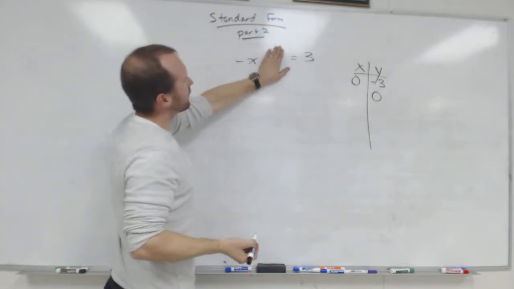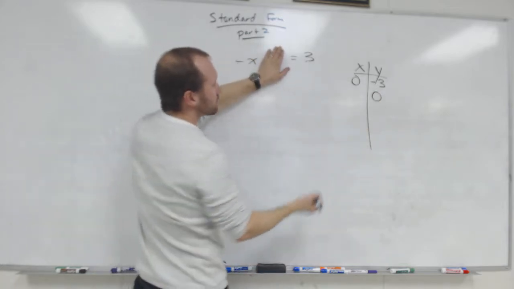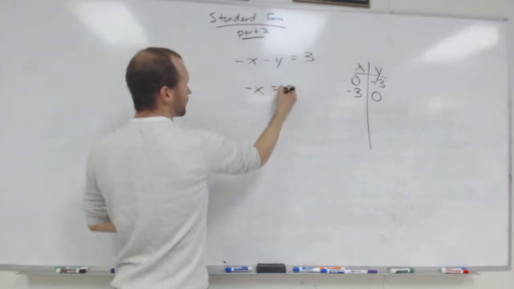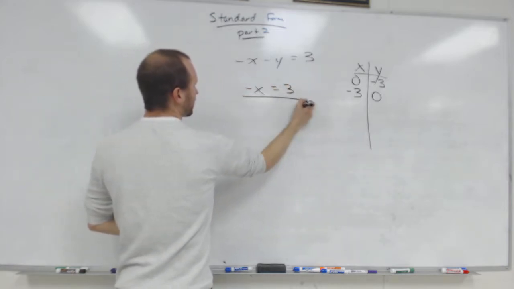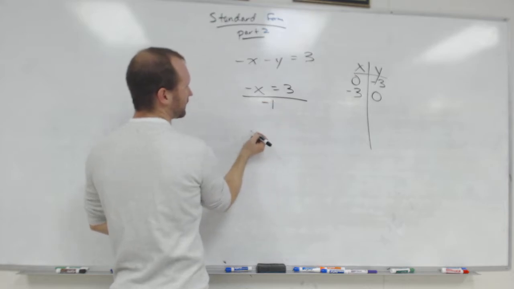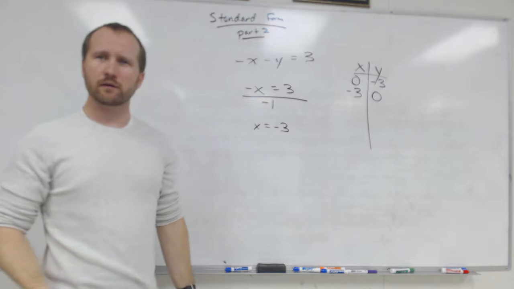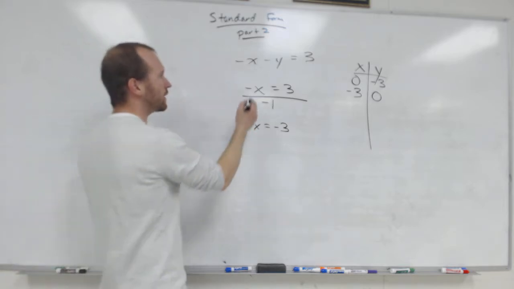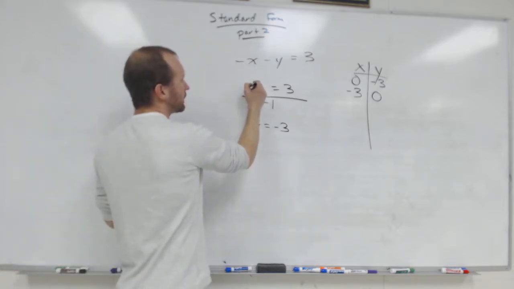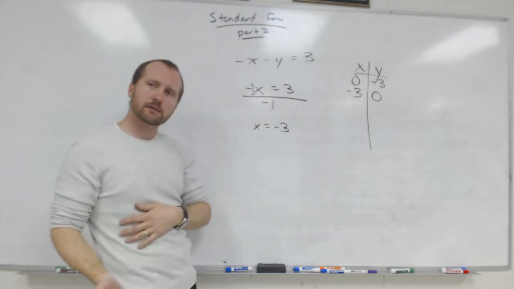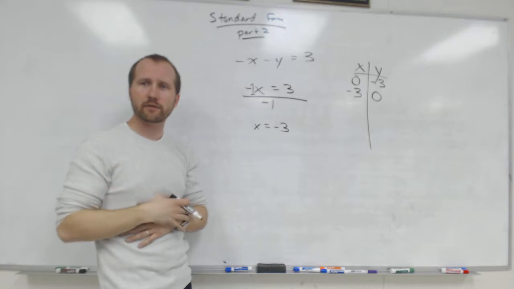If y is 0, negative x is 3, so x would be negative 3. We're dividing by negative 1 so that we can find that x equals negative 3. Negative x is the same thing as negative 1x, so we divide off the negative 1.